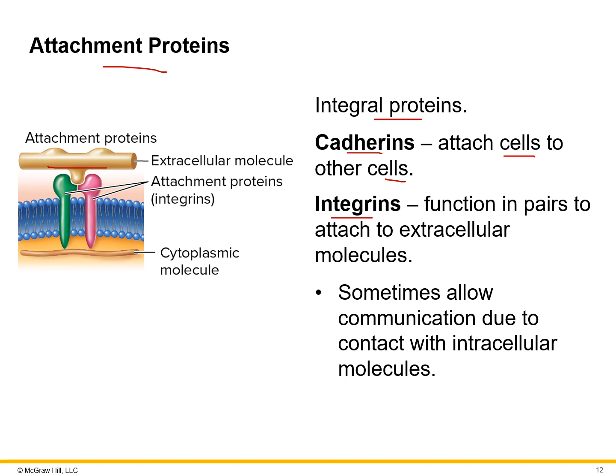And then integrins pair the membrane to extracellular molecules. Like we see here, this attachment protein. These would be integrins because they're attaching not to another cell, but to something outside of that cell.